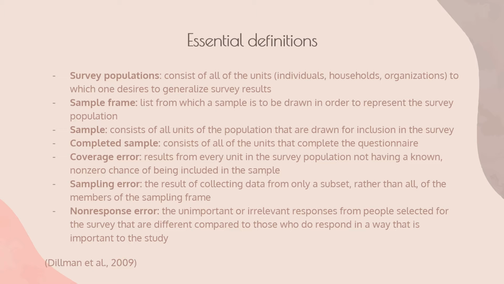The sample consists of all units of the population that are drawn for inclusion in the survey. This could be a random selection or a specific selected sample that follows certain characteristics for inclusion in the survey. A completed sample consists of all the units that complete the questionnaire.